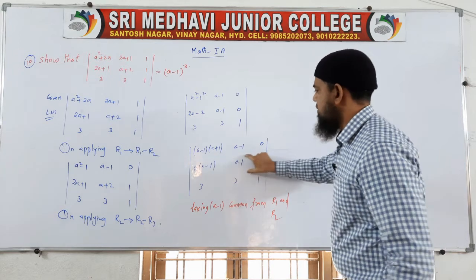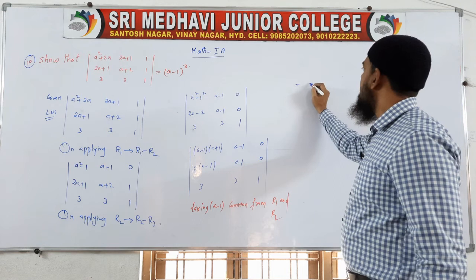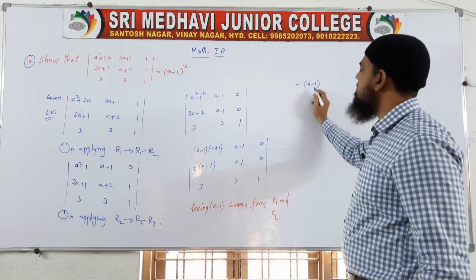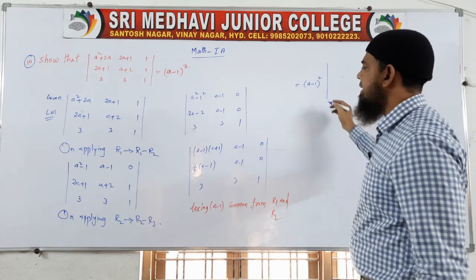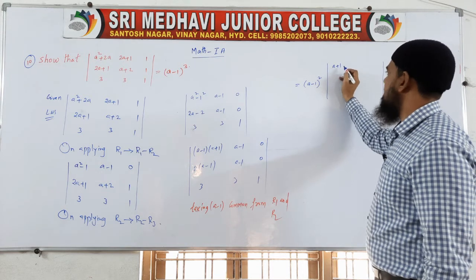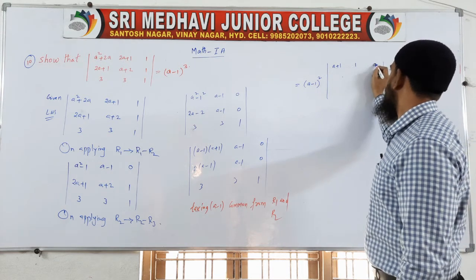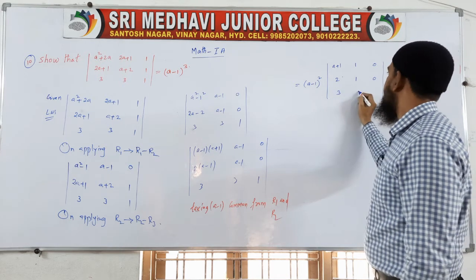From R2 also we can take a minus 1 common. Look here, I am going to take a minus 1 when I am taking 2 times common. So that is nothing but a minus 1 whole square. What are the remaining things? When I am taking a minus 1 common, the left one is a plus 1. Here nothing is there means 1, 0. It is 2, it is 1, it is 0, it is 3, it is 3, it is 1.